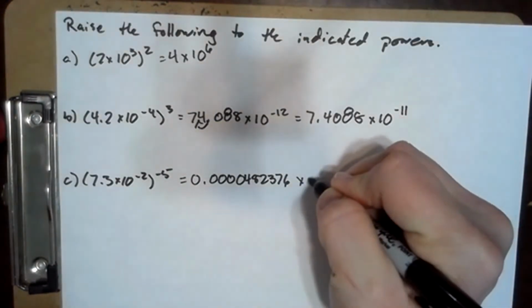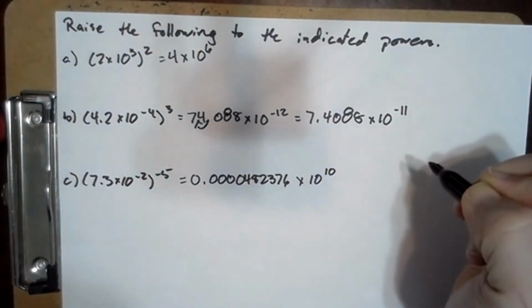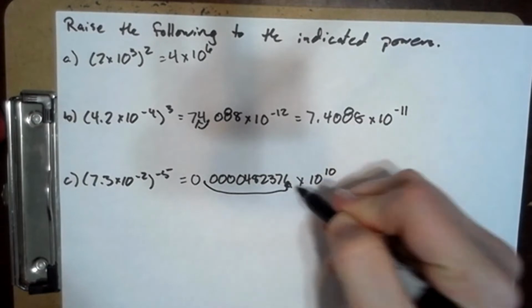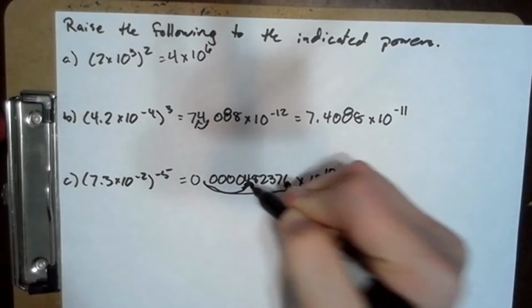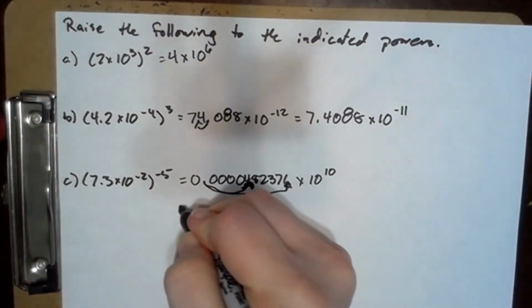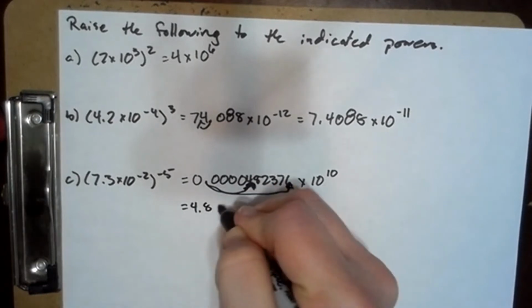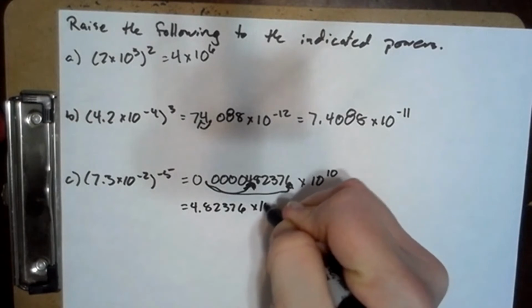Times 10 to the 10th. Well, that just means that we can take this decimal place and move it all the way over there, but we don't want to move it all the way over there. We want to move it here. Keep it in scientific notation. That's going to be 4.82376 times 10 to the 5th.